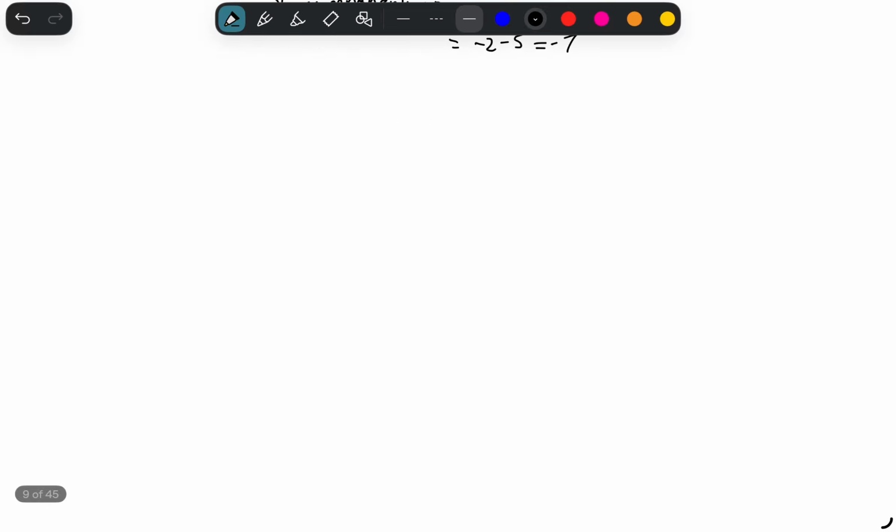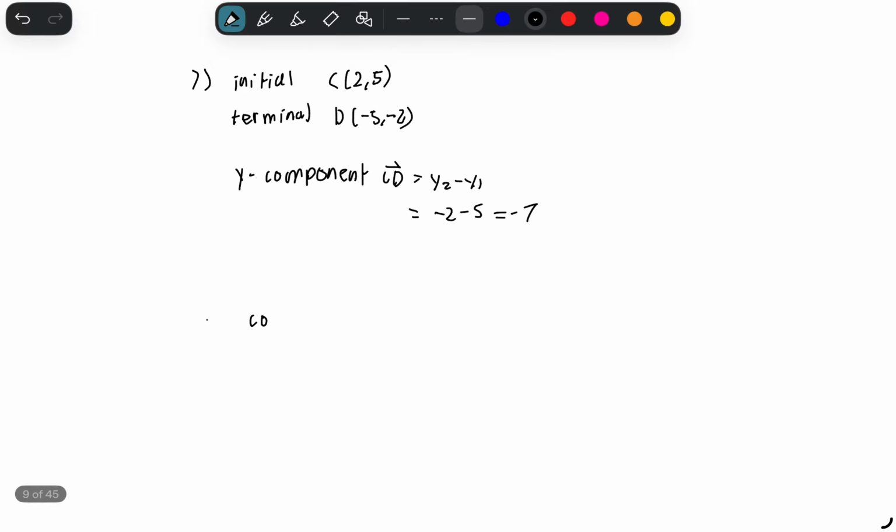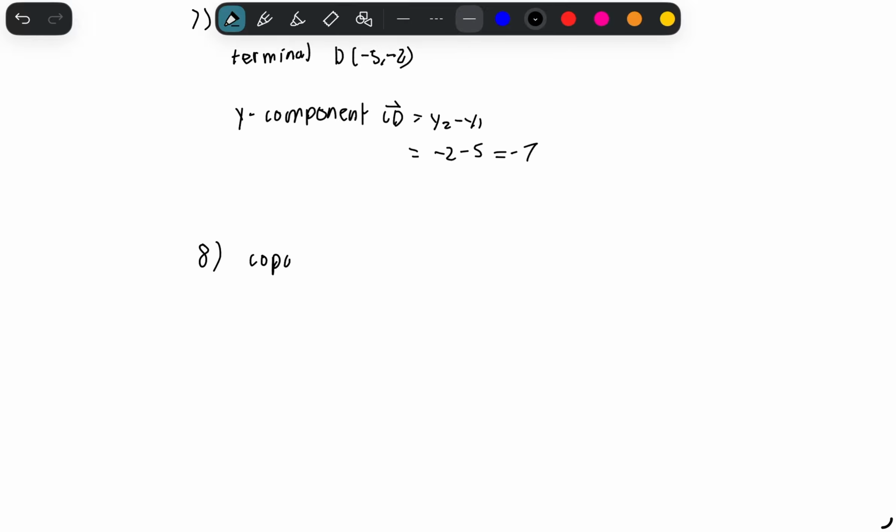Now, let's say that we want to find the component form of OP, where we have the initial point O (7, negative 2), and we have a terminal point P (negative 1, 5).